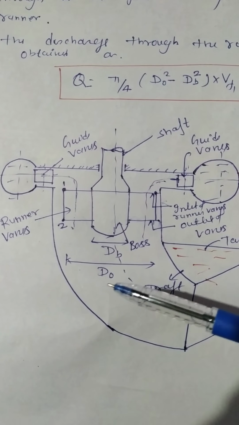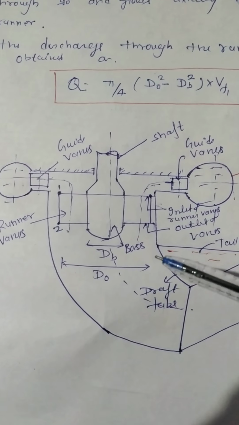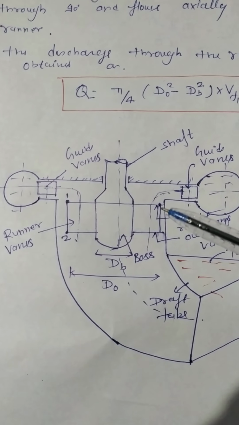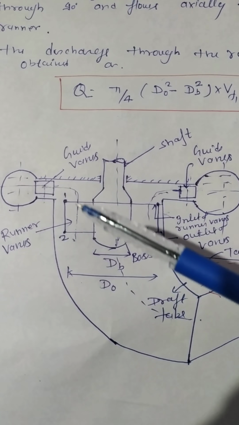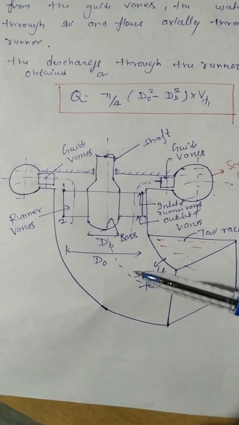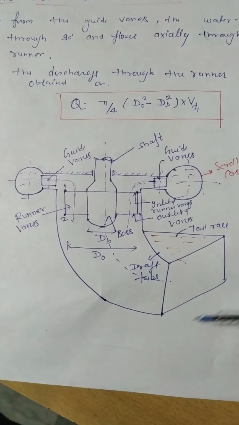And having the diameter dO, that is the outlet vanes, and that is the inlet runner vanes. So the inlet runner vanes having the diameter D, right, and here we are having dO, right? Clear? So this is a figure of the Kaplan turbine.